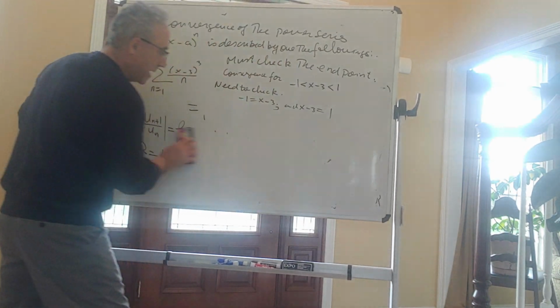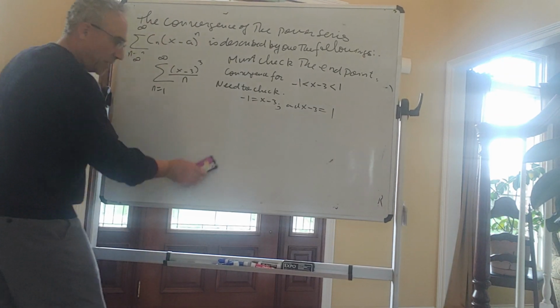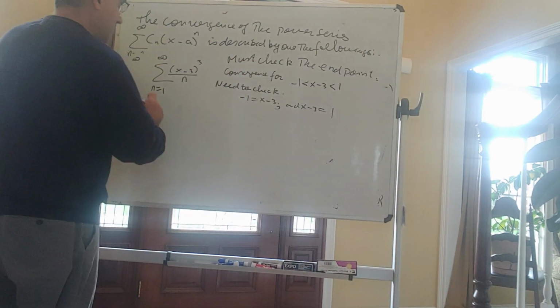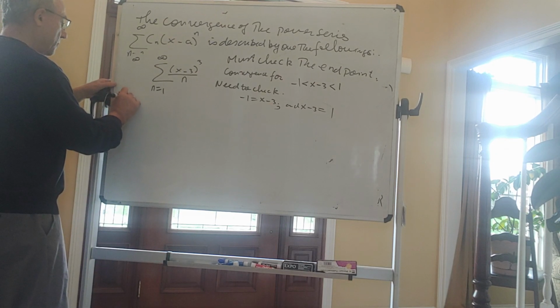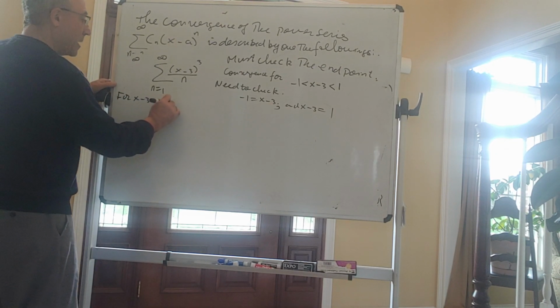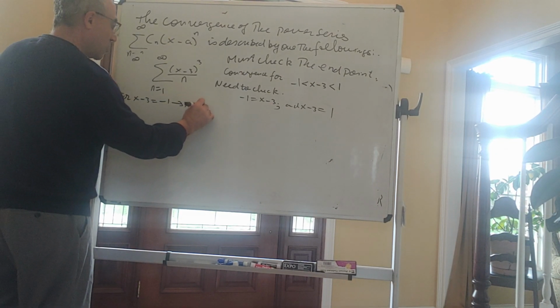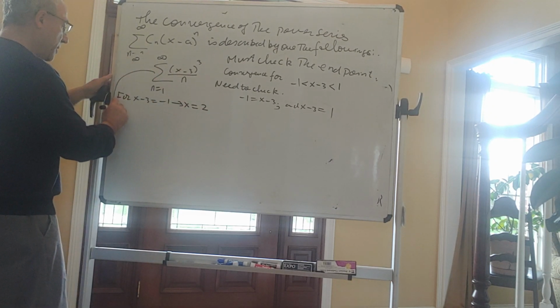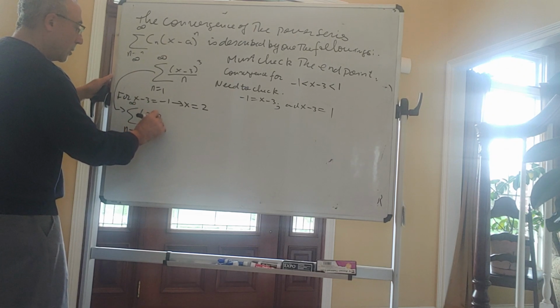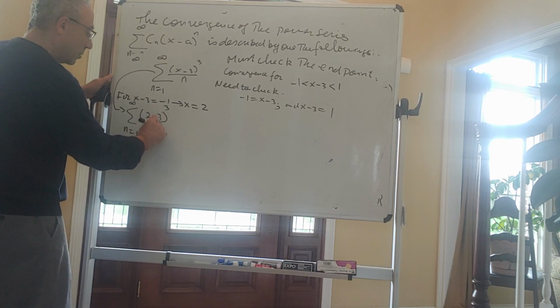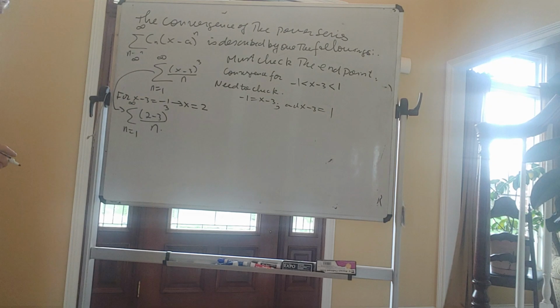So that's most likely going to be the alternating series test every time you have something like that. So for x minus 3 equal to minus 1, or x equal to 2, we plug in here. So we'll have the sum from n equals 1 to infinity of (2 minus 3)^n over n, right?